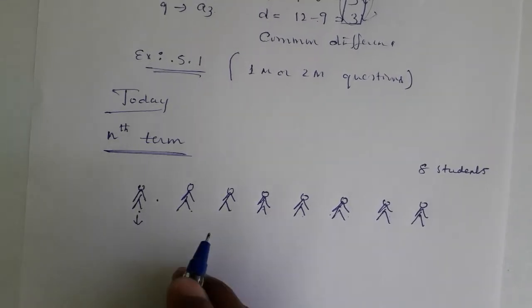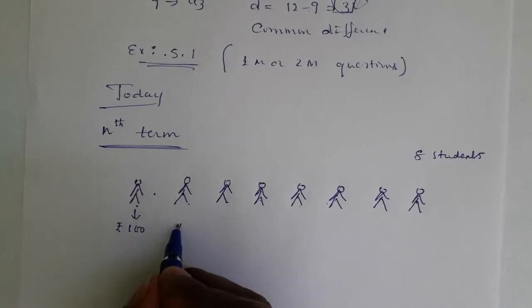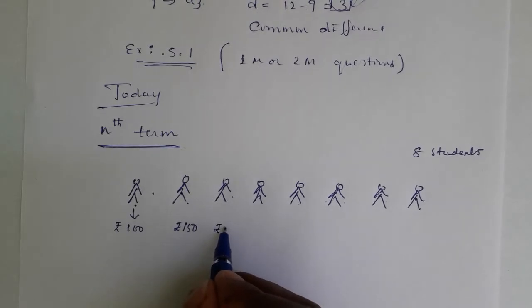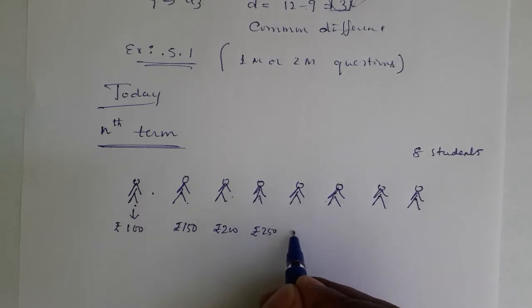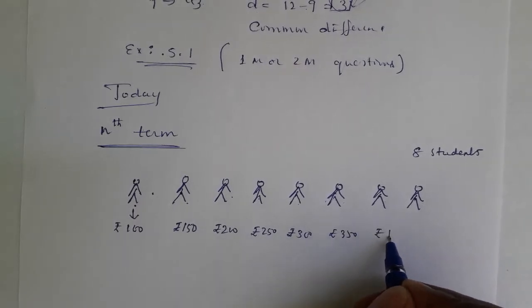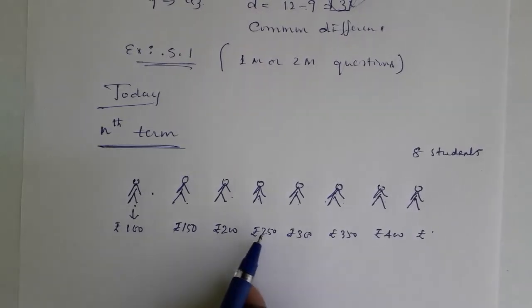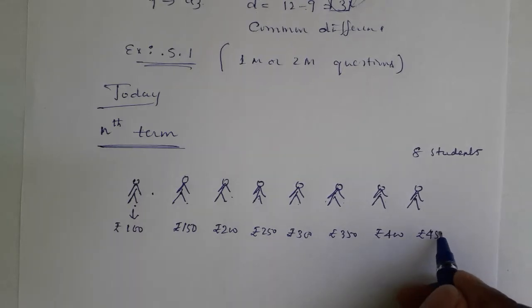For example, the first student has rupees 100. The next person has rupees 150. The other person has rupees 200. Continuously 50 rupees is increased between each student standing in the row: 100, 150, 200, 250, 300, 350, 400, 450.